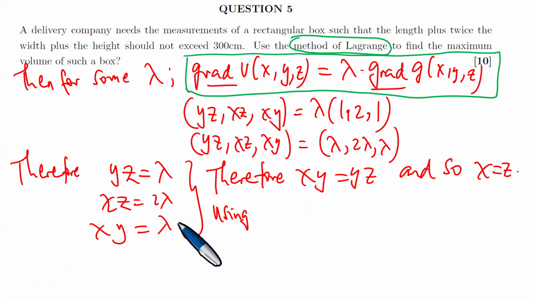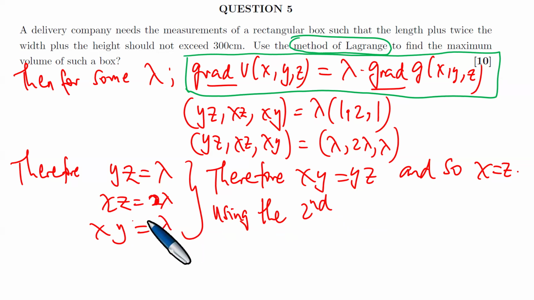So let us use also this second equation. Because if x equals z, and you put z here, using the second equation, you're going to have z squared is 2 lambda.